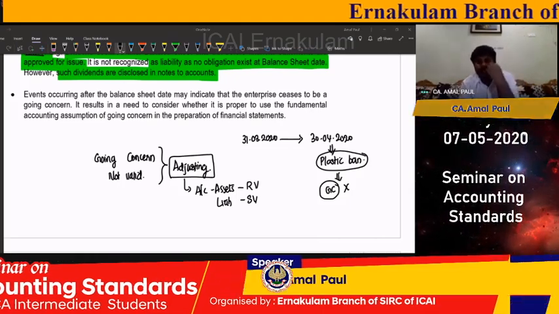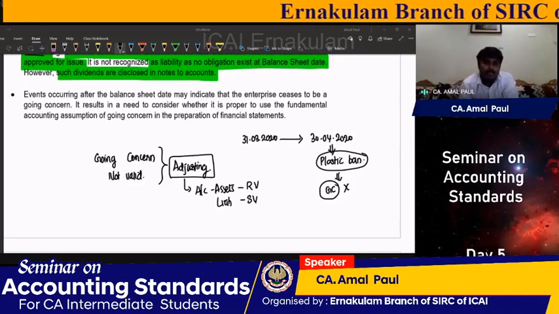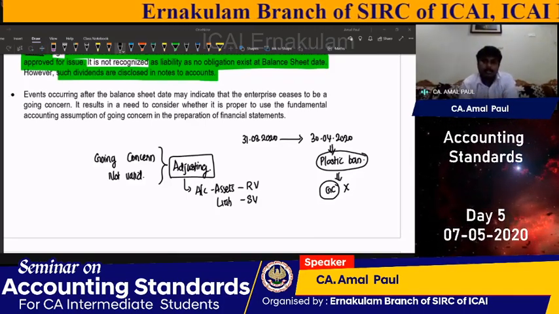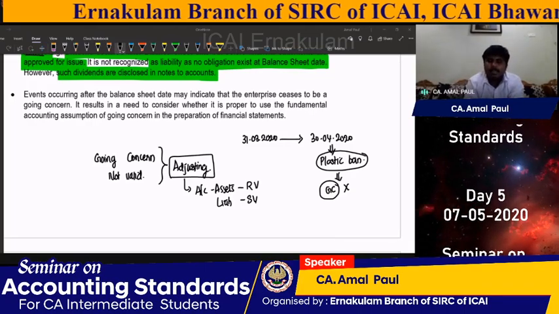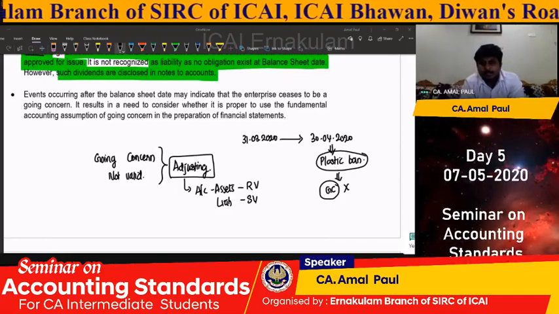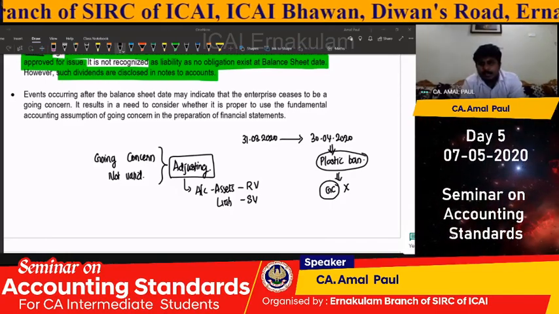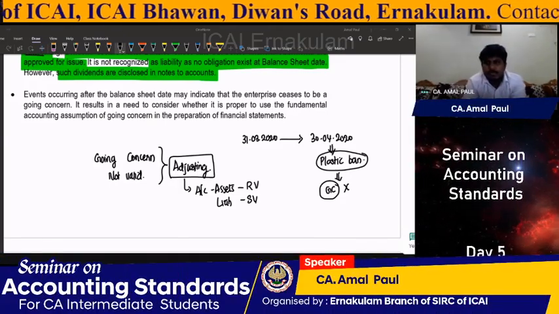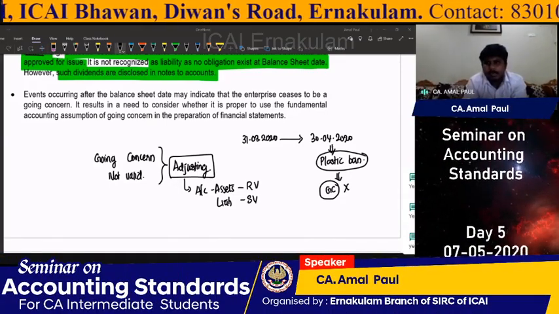That is, a non-adjusting event will be adjusted only if the going concern assumption is not valid. Are you clear with these aspects? Is it clear for everyone?